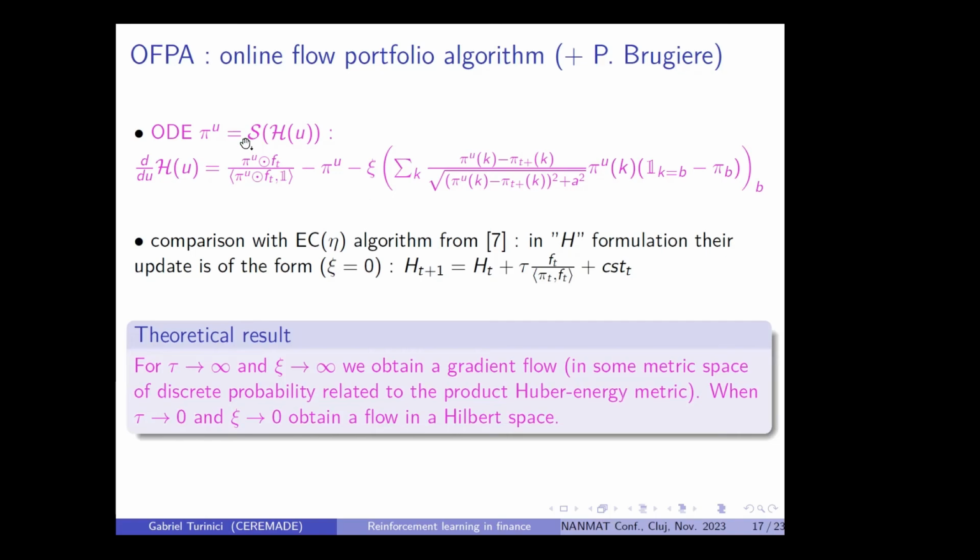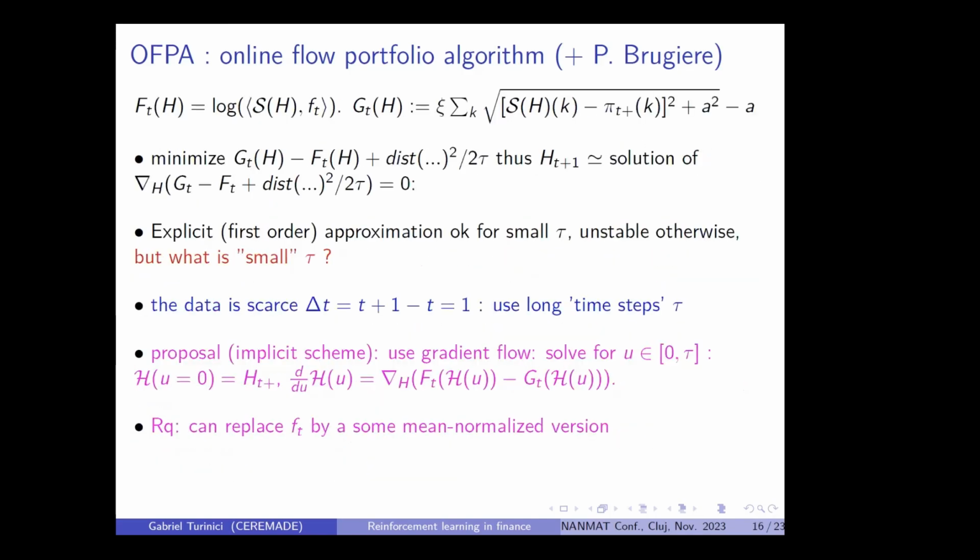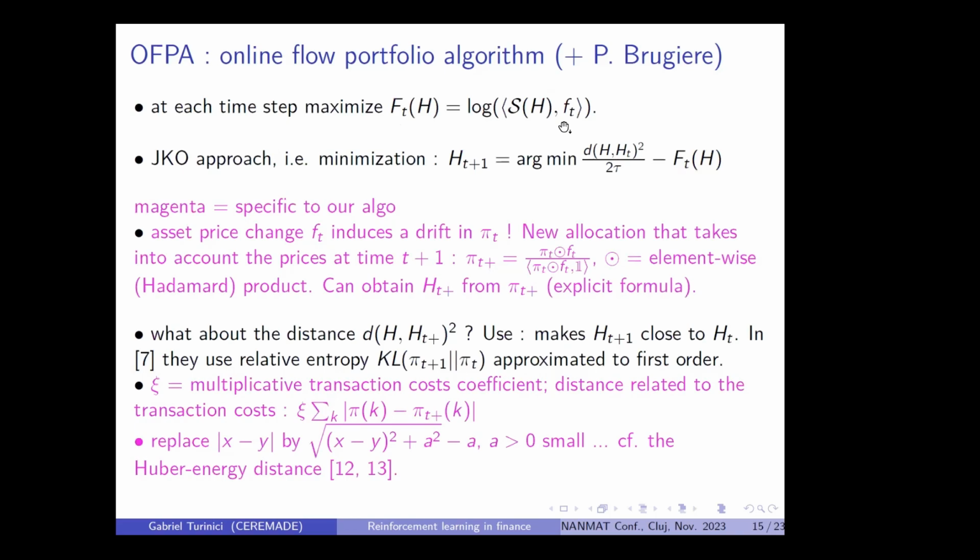This is the numerical algorithm, but what about the theoretical side? So there are two regimes. First, the regime where the transaction costs are large and have a huge impact on the performance. So when Xi is large, in the terms here, the G part is important, is penalizing, and it turns out that J can be seen as a Huber energy distance.